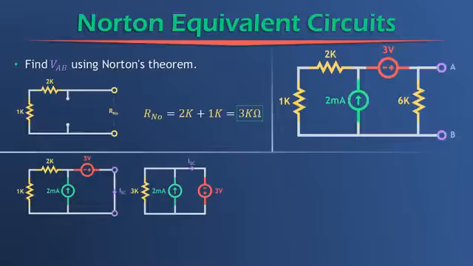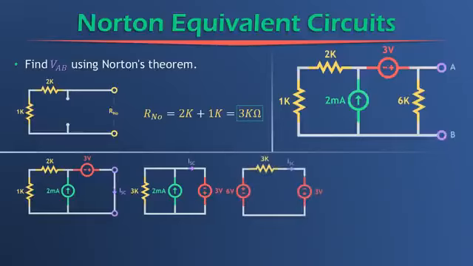Now, what do we have here? We have a current source in parallel with a resistor. What can we do with that, as we just learned? Of course, we can do a source transformation and make it a voltage source in series with a resistor. And that's what we did here.